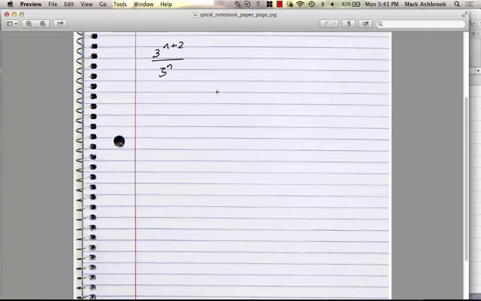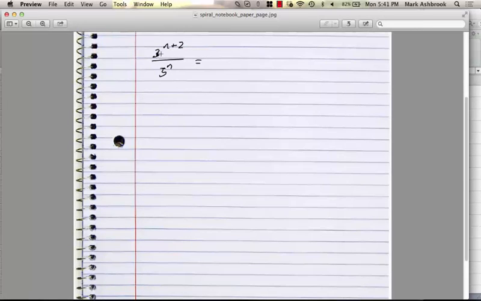So we have to have a little algebraic prowess here. What is 3 to the n plus 2 the same as? We should know what 3 to the n plus 2 is. This is telling us how many times to multiply 3 together, right?